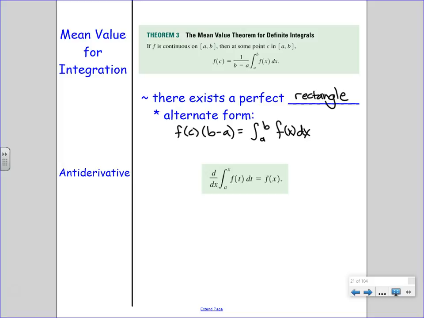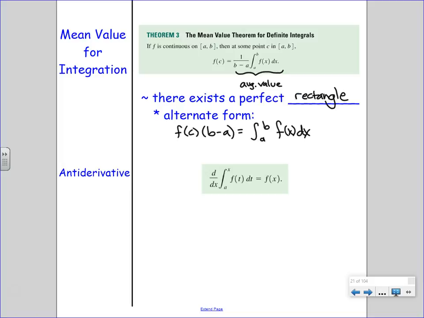F of c times b minus a is the height times the base. There are a couple of different ways of writing the mean value theorem, but it says that as long as the function is continuous, at some point c in a to b there's going to be a perfect rectangle. With the other form of writing it, we could say there's going to be a value that equals the average value of f.